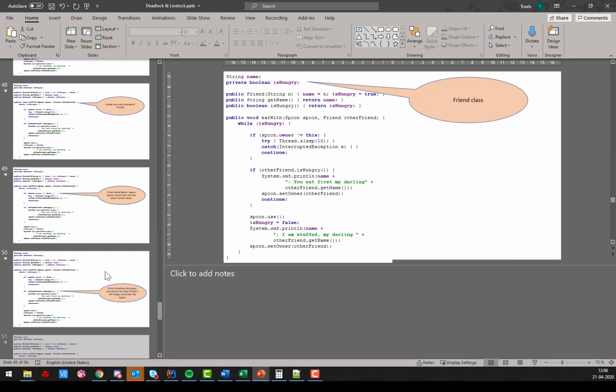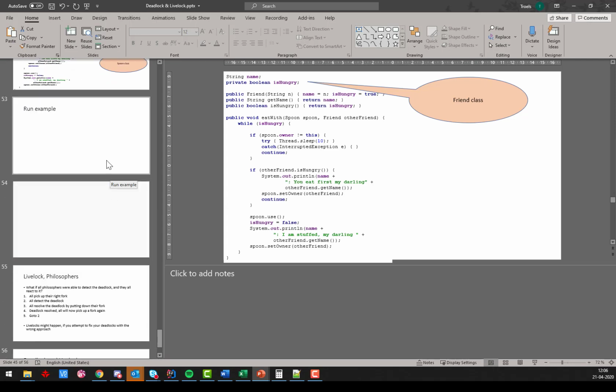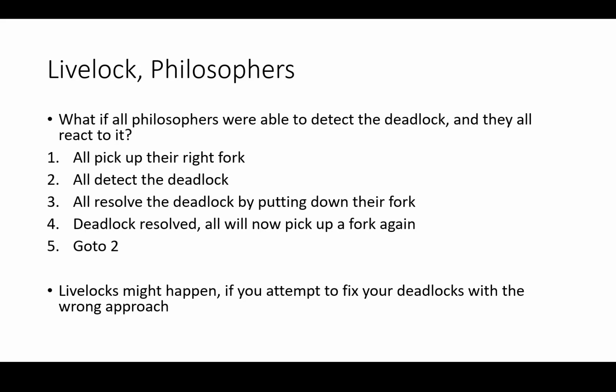And we'll just skip all this explanation. And I could run the example, but no, we'll skip that. So the question is, how do we get these livelocks? Or, well, not intentionally, but let us assume that all the philosophers were able to detect the deadlock, and then they can all react to it.